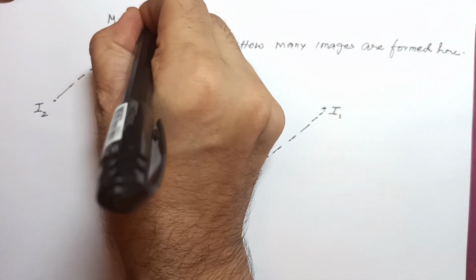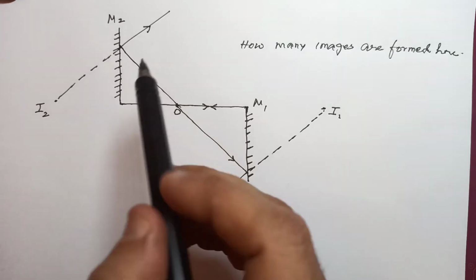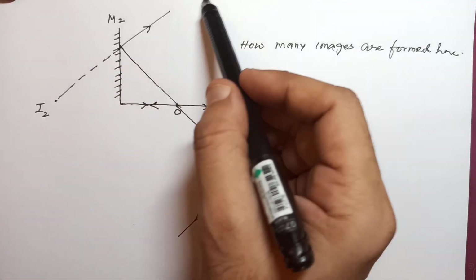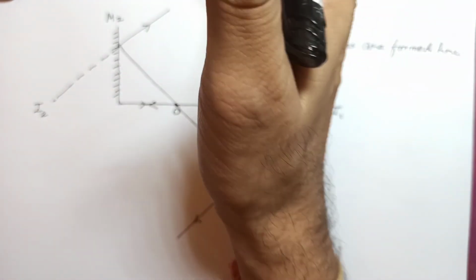Now basically, when it goes straight, this mirror ends here, so it will not cut anywhere.